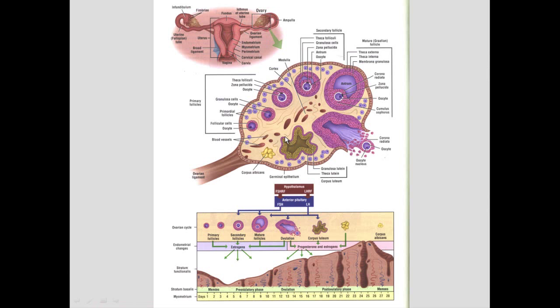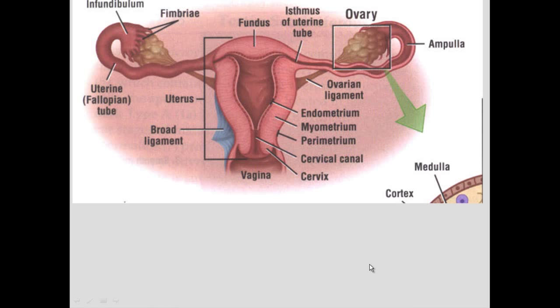Ovary is the main component of the female reproductive tract, and the ovarian hormones influence uterine secretions as well as the cervical secretions.